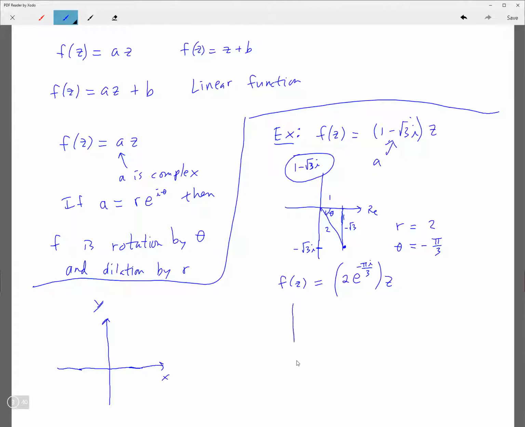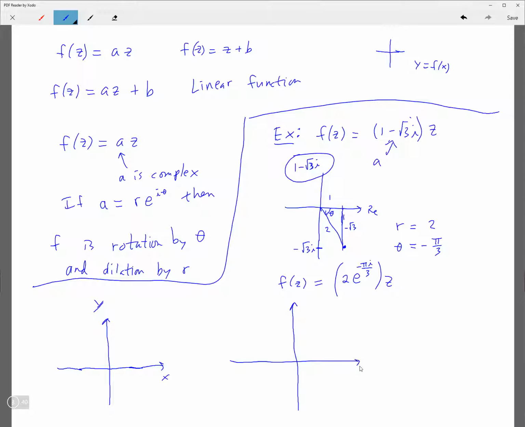And then you also have a range. So you have the domain and then you have the range. So if you have a function like y equals f of x, then the x-axis represents your domain and the y-axis represents your range. But with complex numbers, you can't do that because in order to just represent a complex number, you need the whole plane to represent all the complex numbers.